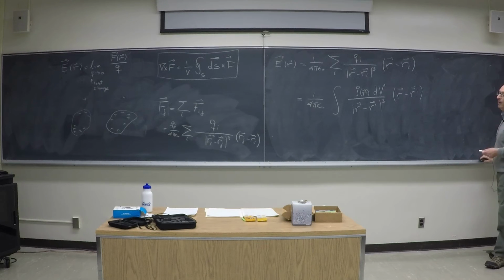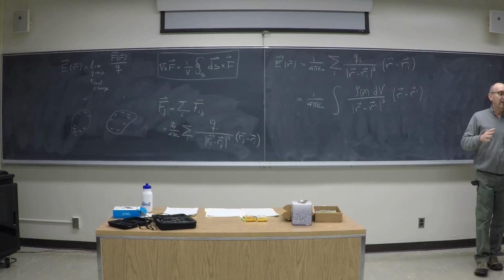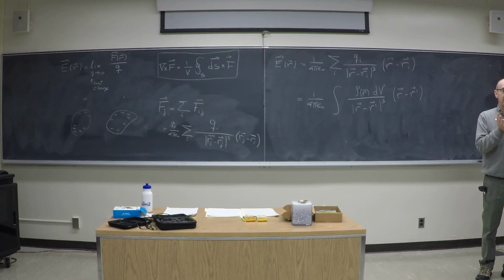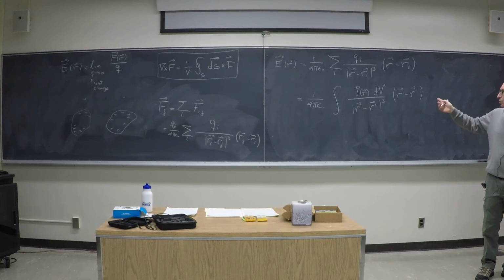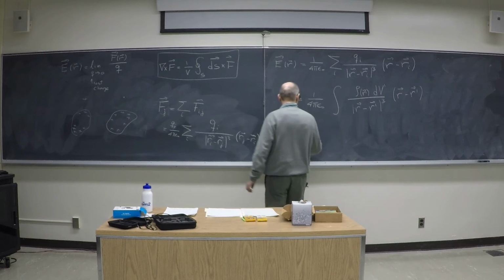This would be useful if we are dealing with a distribution of charges that is not uniform but continuum in a three-dimensional object. It turns out that the first two examples we are going to do are on a line and on a surface, so that's not going to be convenient, so let's rewrite that this way.